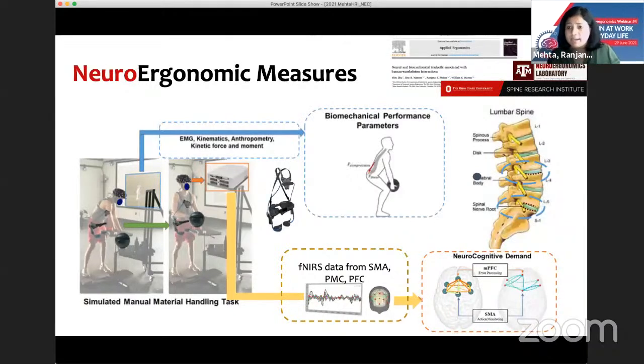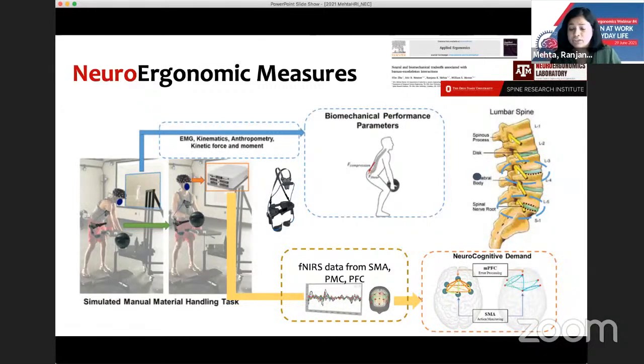This is what we did as one of our first studies, almost a year and a half back, with the Ohio State Spine Research Institute. We got people in the lab. We equipped them with the motion capture system. We had force plates to document biomechanical performance parameters of the spine.